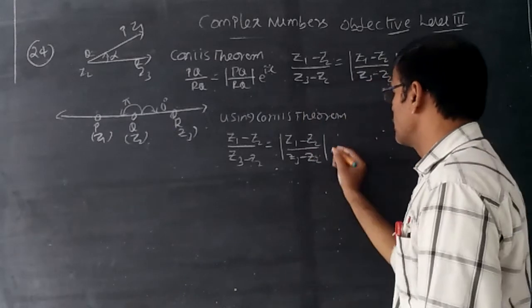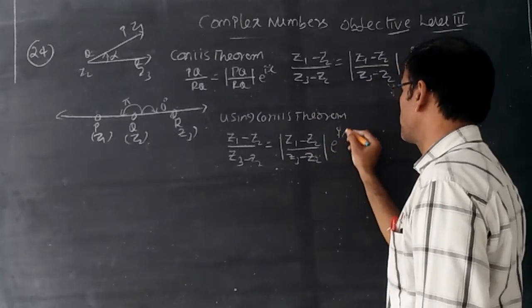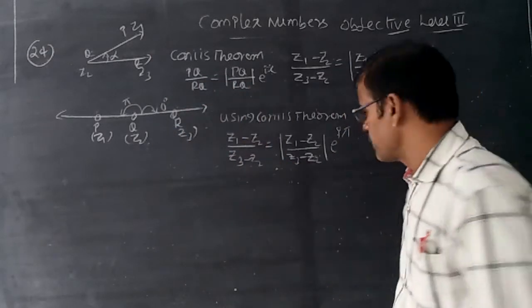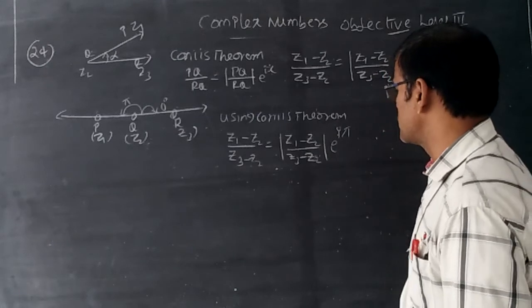We cannot say properly. Now you write here e power i pi. On the left side you have taken the angle, that Z2 is pi. Now Z1 minus Z2 by Z3 minus Z2.